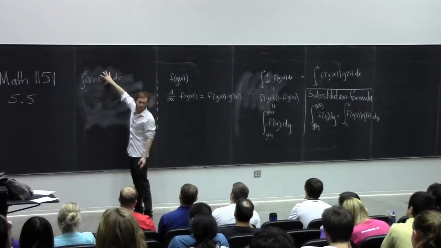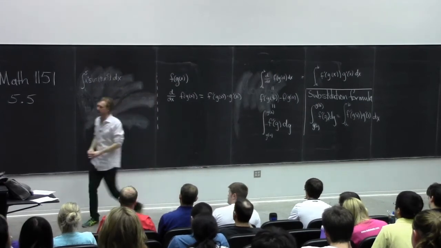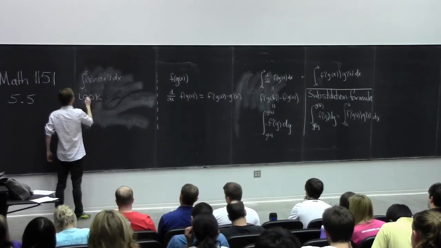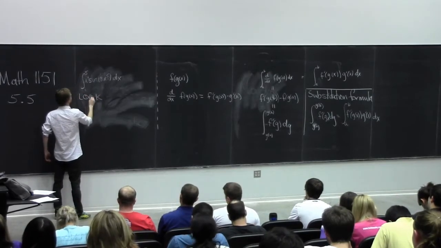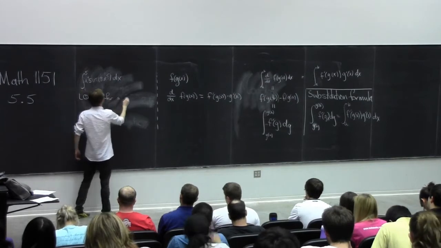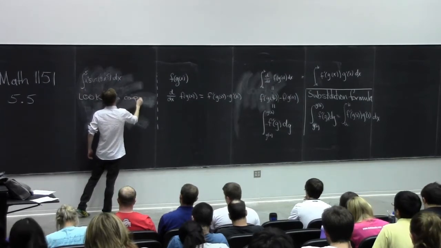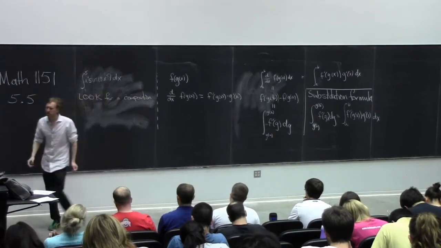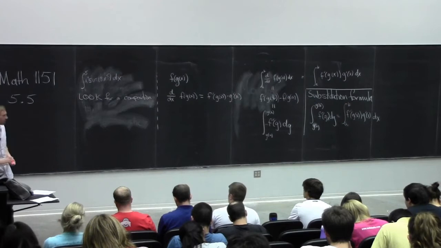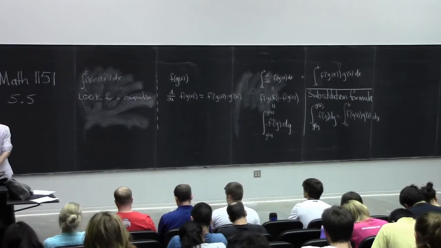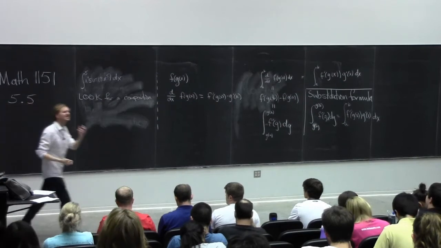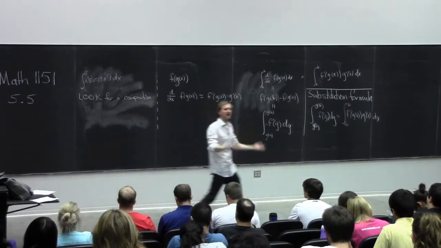Sine of 3x, right? So you have to look for a composition. The reason that U substitution, it's sometimes called U substitution, I should just call it substituting, is not magic is that you have to have some skill in finding the composition.